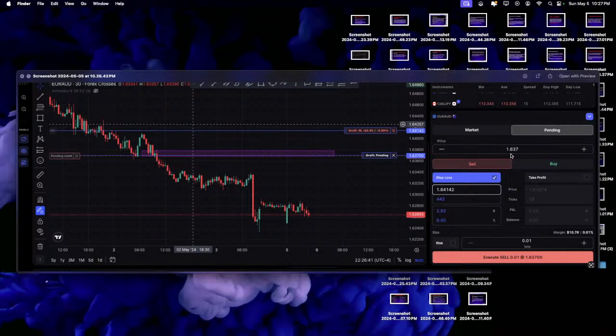You can type that in here. And the next number you put in is the stop loss, which is this number up here in blue. Okay? And after you put in that stop loss, just let me know and I'll tell you what to do next.